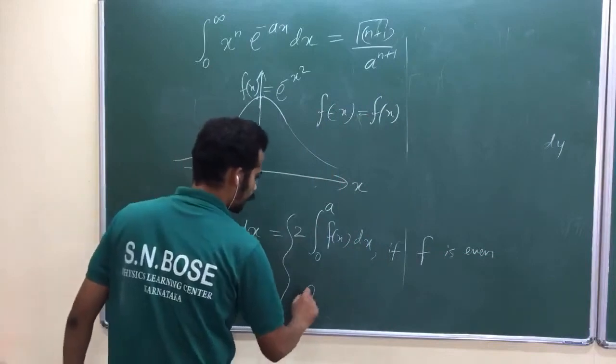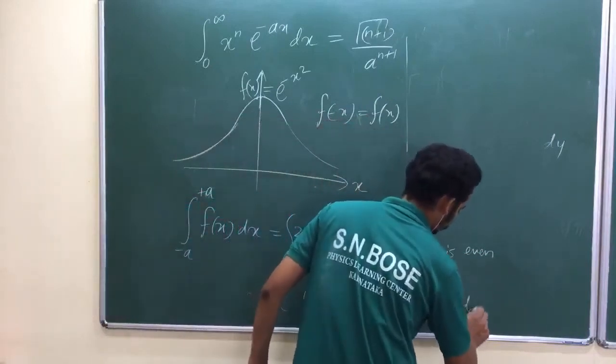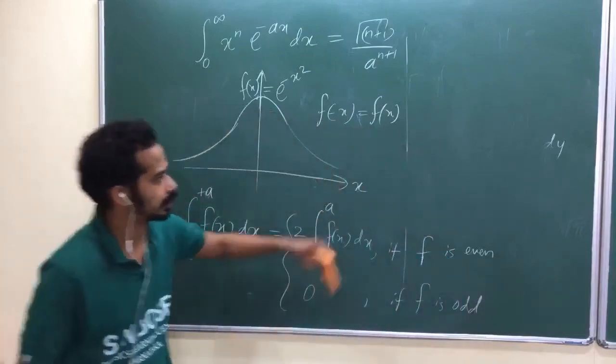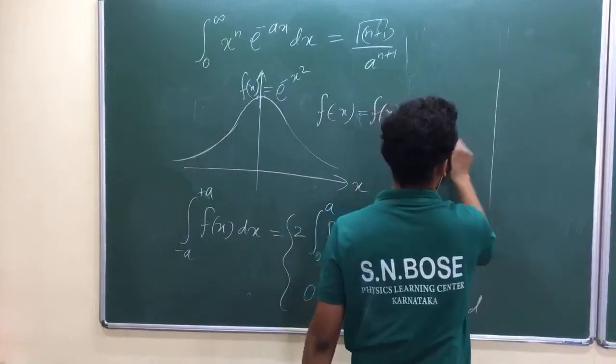So that's equal to 0 if f is an odd function. I hope I told some logic in the old video that I have uploaded.